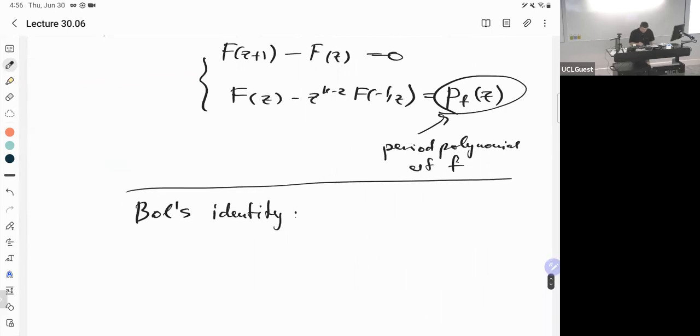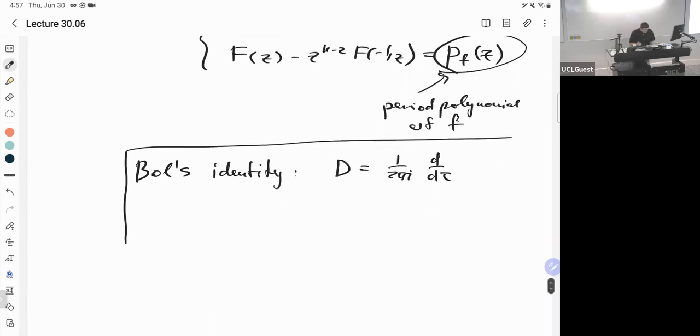There's an identity which is completely elementary, called Bol's identity. Let me just do some normalization, though that's not too important. It's just the differentiation with respect to tau, but normalized by 1/2 pi i. There's an identity which holds for any smooth function on the upper half plane.